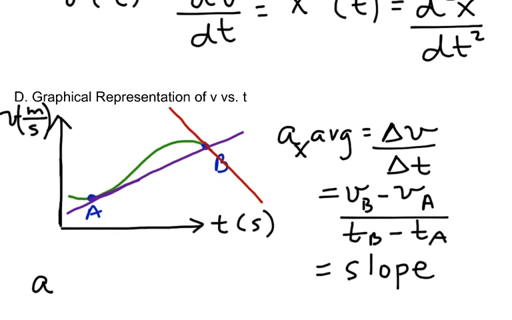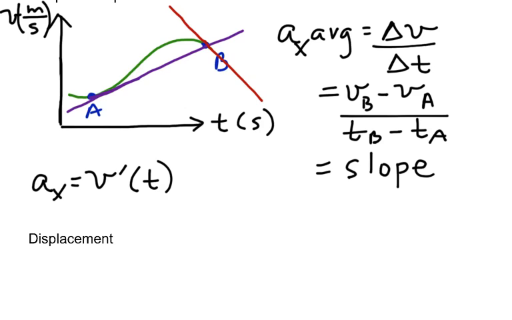Just writing this out, my instantaneous acceleration will then be the derivative of my velocity as a function of time, the equation of the green curve. Now, I can also use a velocity versus time graph not just to find acceleration, but to also find displacement.